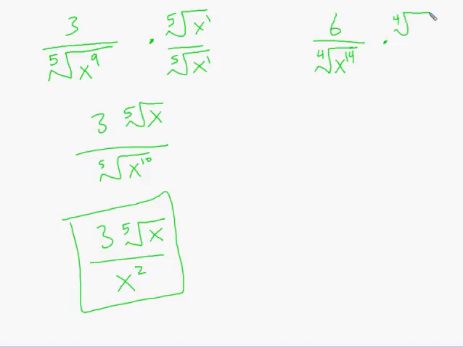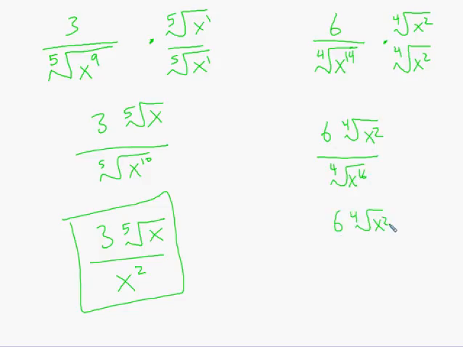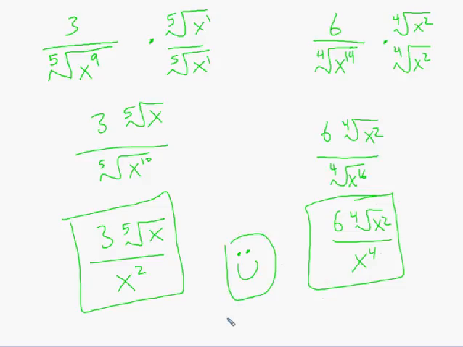Fourth root of what? So at the top, I get 6 fourth root x squared all over fourth root x to the 16. Boom. And we got them. And our square face is happy.